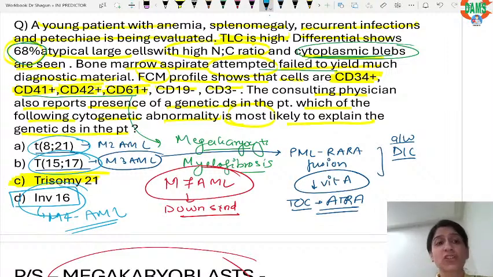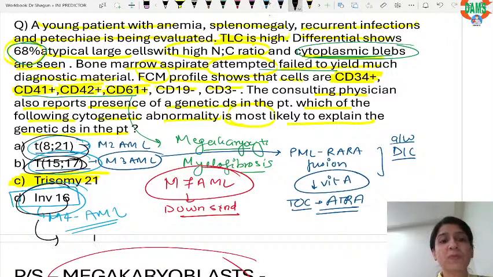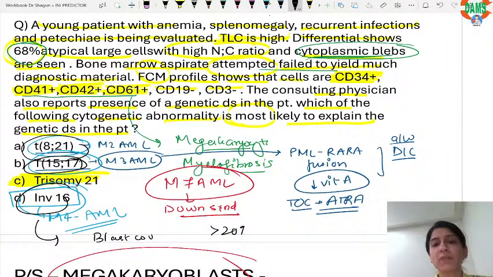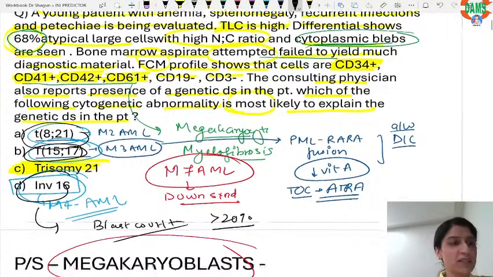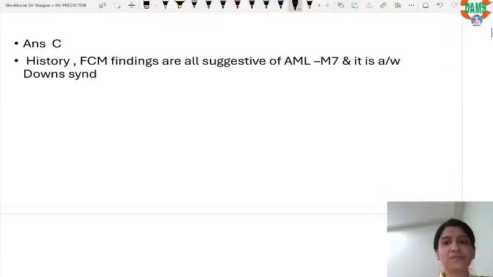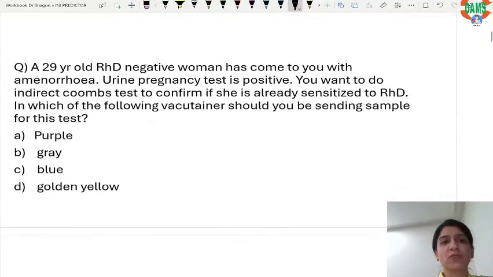In these 3 translocations I do not care irrespective of the blast count. My diagnosis is always going to be AML, right? Because we know WHO has told me that more than 20% blasts is diagnostic of AML, but here, irrespective of the blast count, I will always say that this is a diagnosis of AML. Done? Great. Good. Next question. Move towards the next question.